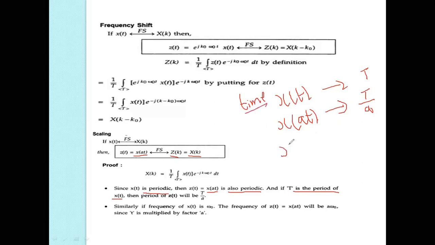Similarly for the frequency, x of k. The formula for the exponential Fourier series analysis equation is x of k equals 1 by T, the integral over T, of x(t) into e power minus jk omega naught t dt.